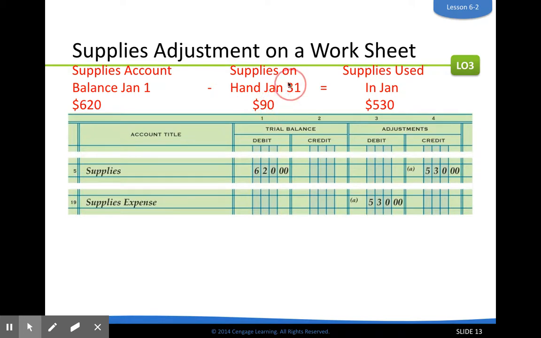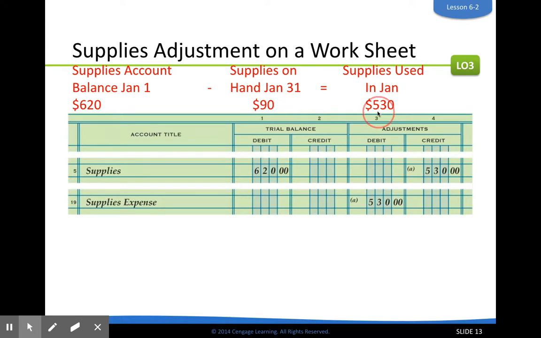So think of this in real life terms: if we started with 620 and at the end of the month only had 90, then we used $530 worth of supplies in January. We need to make an adjustment so that at the end of the month, the amount of supplies on our records is accurate. We can't show that we have $620 of supplies when we actually only have $90.